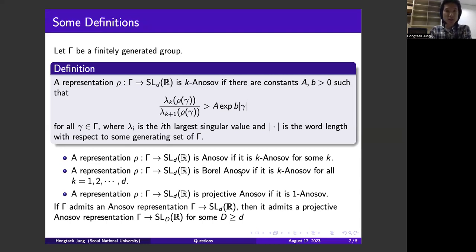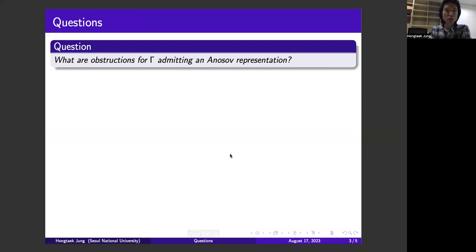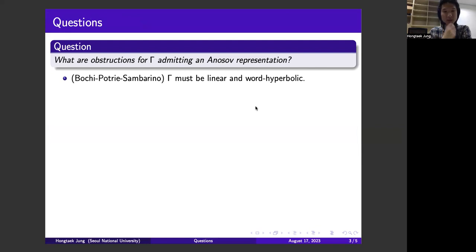So given this definition, I want to raise the following question. What are the obstructions for Gamma admitting an Anosov representation? The very first restriction is that our domain group Gamma must be linear and word hyperbolic.